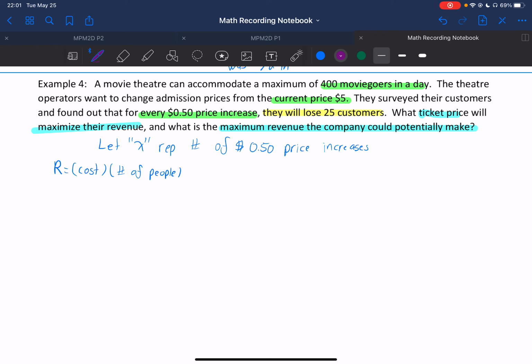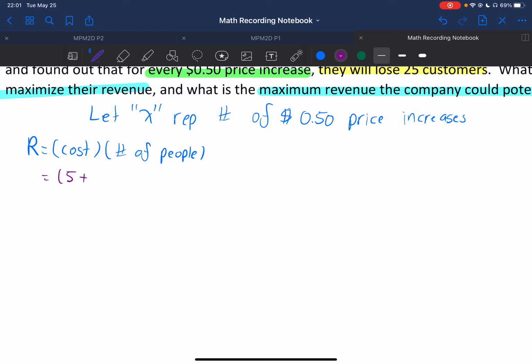So our cost is equal to $5 plus 0.5x, which is how much more money it's going to cost for each time we're raising the price. So that's where the x comes in. Each time we raise the price, the cost is going to be 50 cents more than the original.